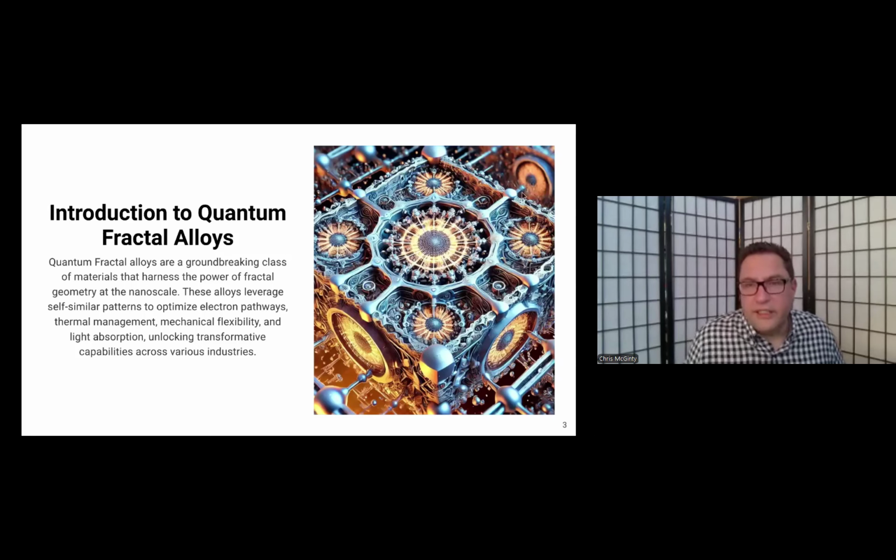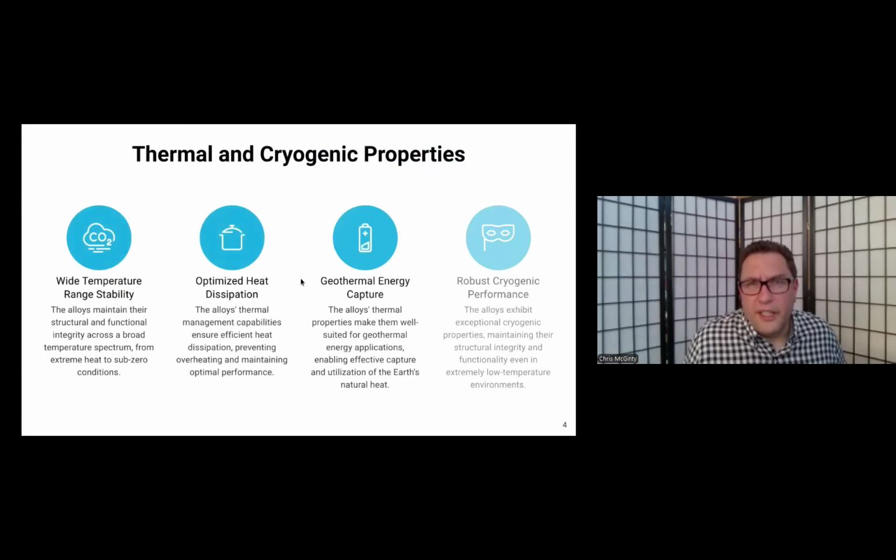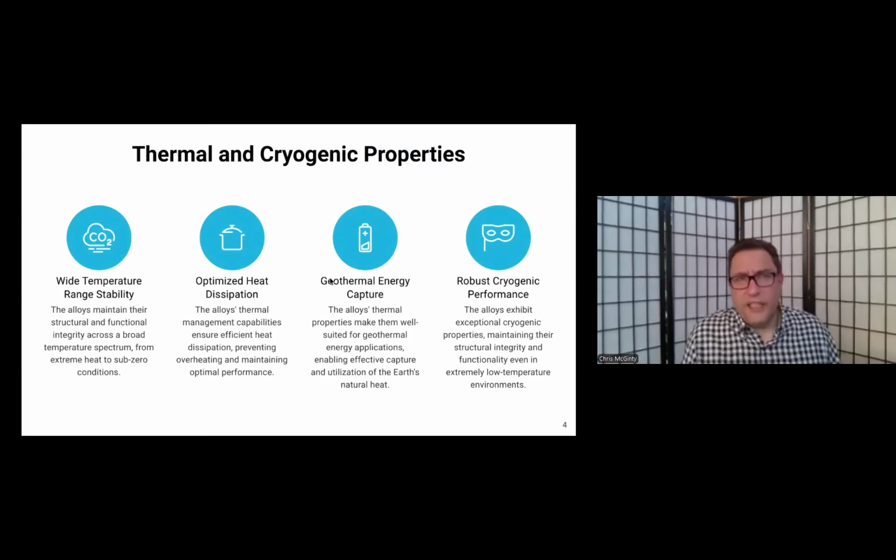So this is just an AI generated example of one of the different types of alloys that we can create. We're looking at both thermal properties and cryogenic properties. Some of them have a wide range of temperature stabilities, so some of these can go from very extreme heat all the way down to sub-zero.